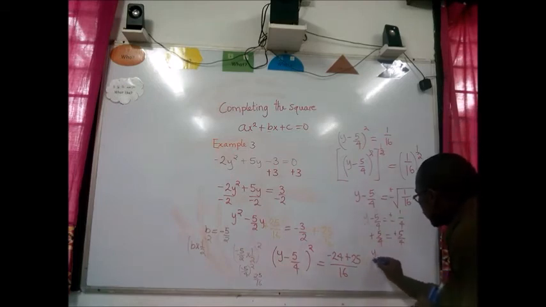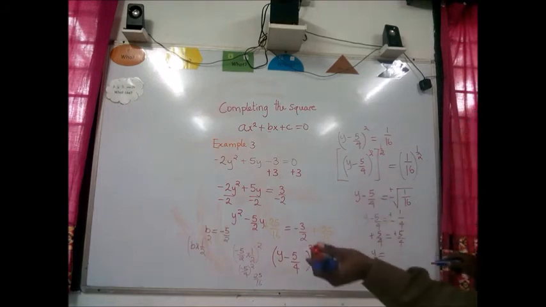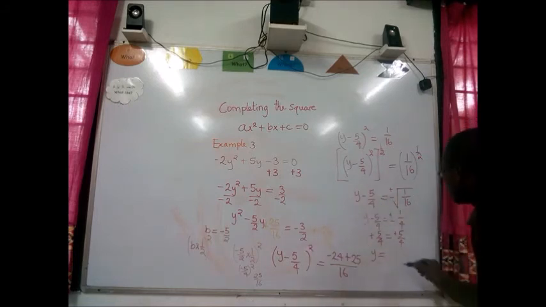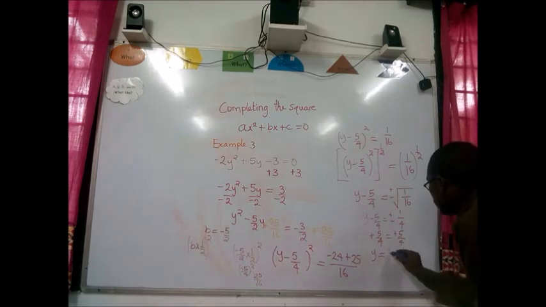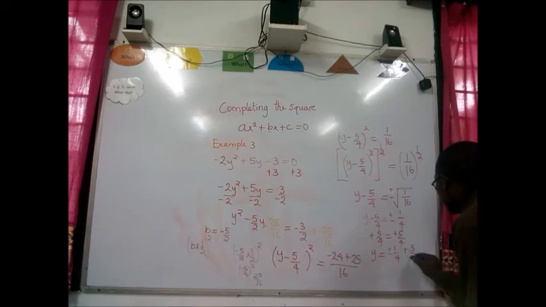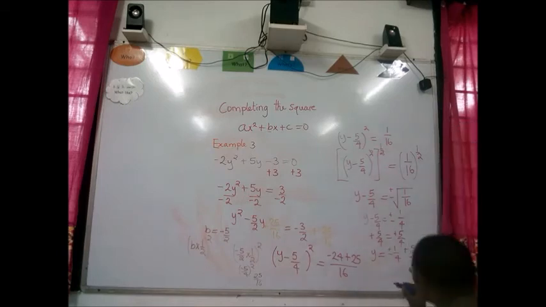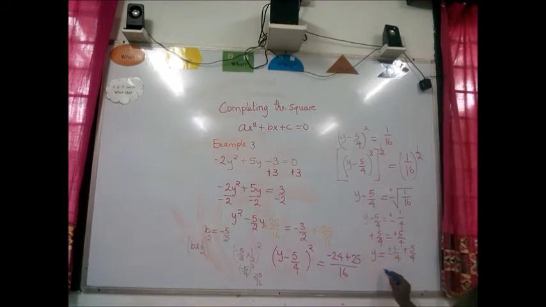So now, on the left hand side, we will remain with y, and we say plus or minus 1 over 4 plus 5 over 4. The first answer will be 1 over 4 plus 5 over 4, which is equal to 6 over 4, and if you simplify by 2, it is 3 over 2.